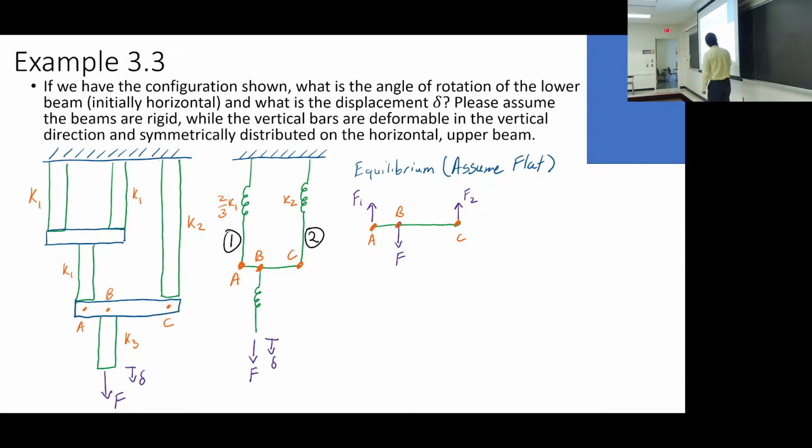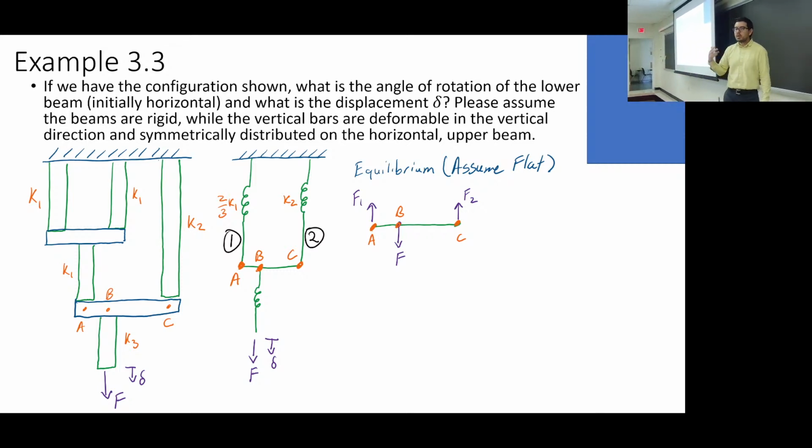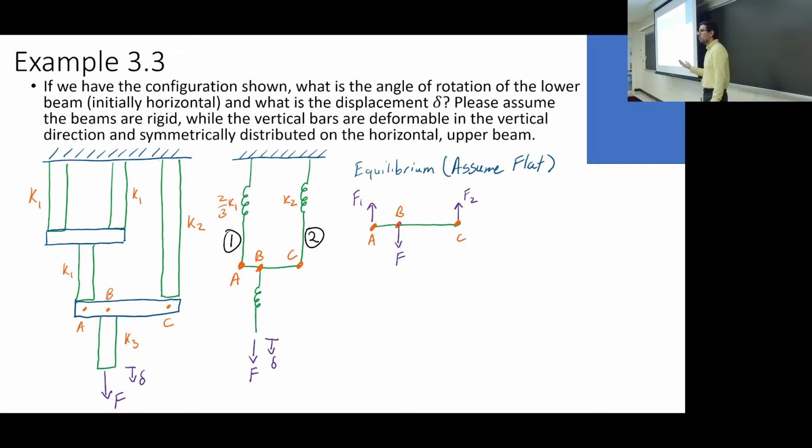So for this, we're going to say the force balance on this beam, which is still infinitely stiff, is going to be like a seesaw. And so we're going to look at our two forms of equilibrium. We're going to balance the forces, and we're going to balance the moments on this.